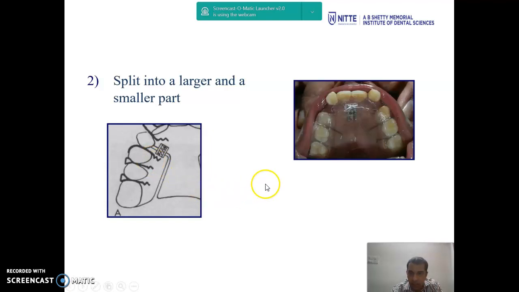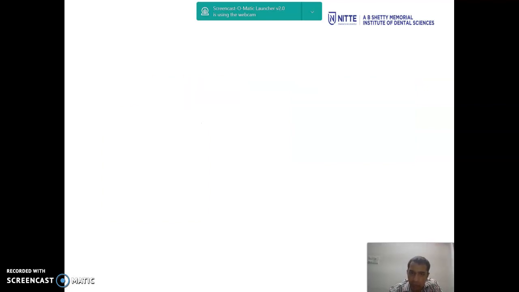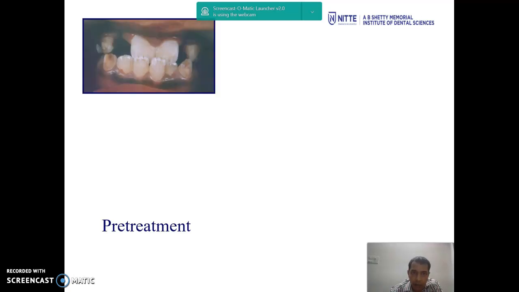This is a picture where we see again how the screw is placed parallel to the palatal plane. Now, just to give you an idea how the screws work, pre-treatment, you notice that there is a crossbite in the anterior segment. These are all pictures from the department itself.